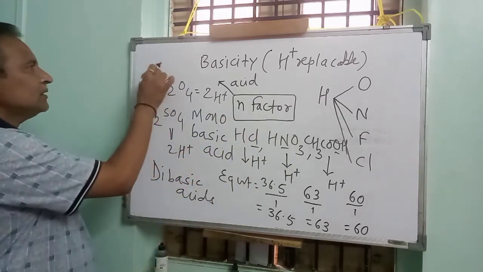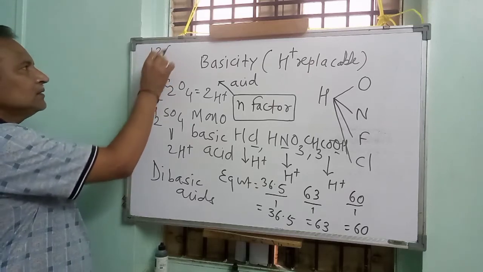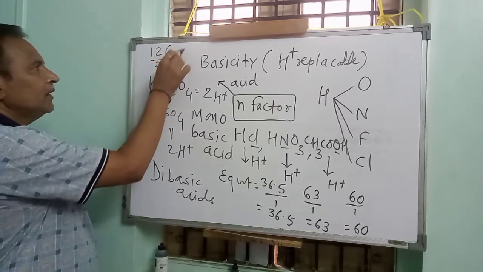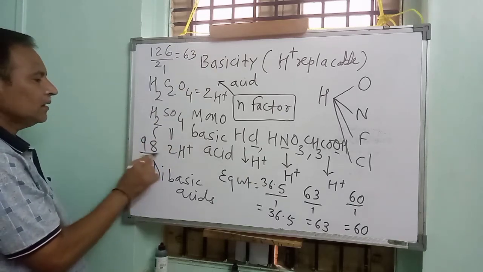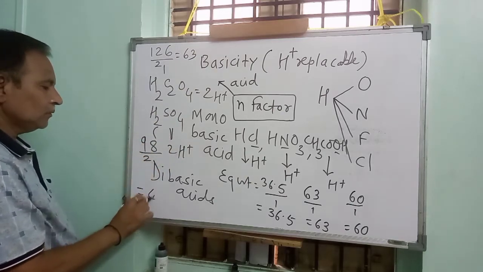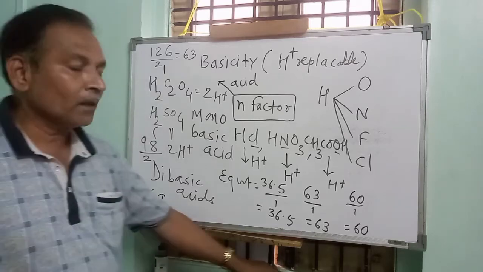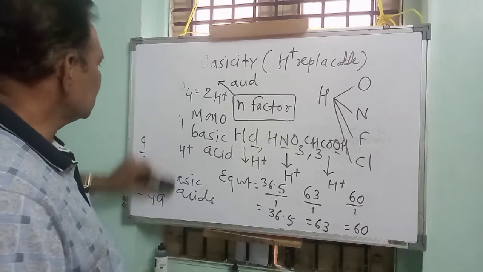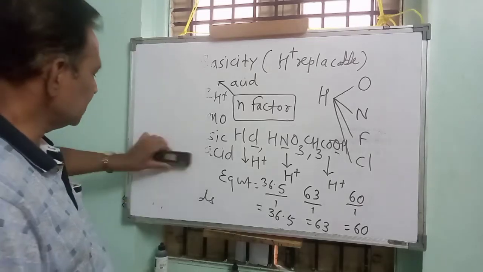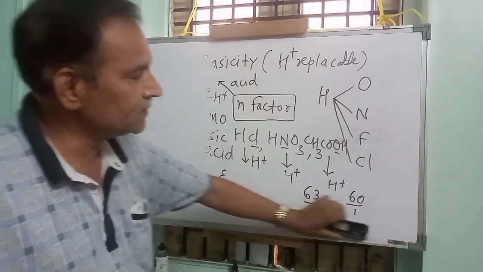Therefore, for oxalic acid the molecular mass 126 divided by 2 is 63, and for H2SO4 the molecular mass 98 divided by 2 is 49. So acids may be of different types: some are monobasic, some dibasic, some tribasic, etc.